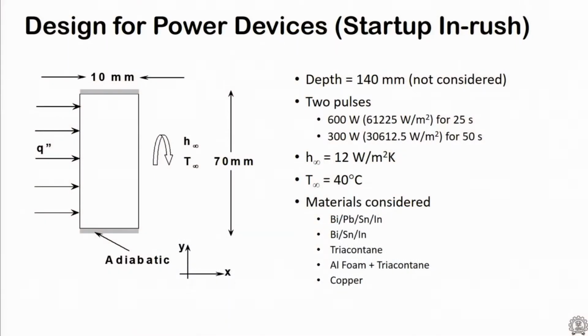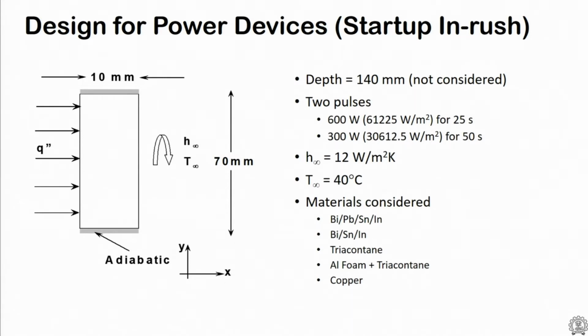For such a thin aspect ratio structure, natural convection effects are minimal, so we can easily ignore them. And on the right side wall there is a heat sink that is mounted, and it is natural convection cooled, so the heat transfer coefficient there is 12 watts per meter square Kelvin, and the ambient is close to 40 degrees Celsius.